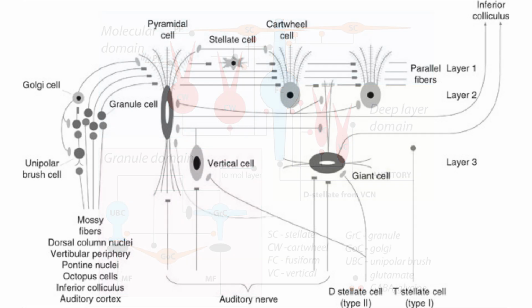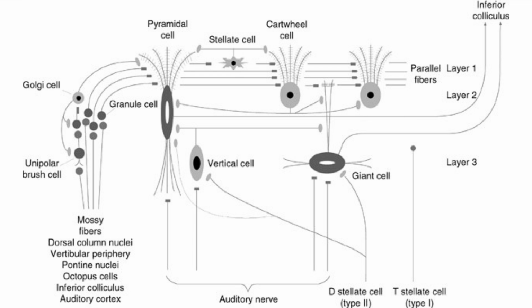As you can see, the cartwheel cells send inhibitory signals back to the fusiform cells, or the principal neurons, and this forms the classic feedback inhibition loop, where the activity of neurons in the circuit regulates itself to prevent overexcitation.